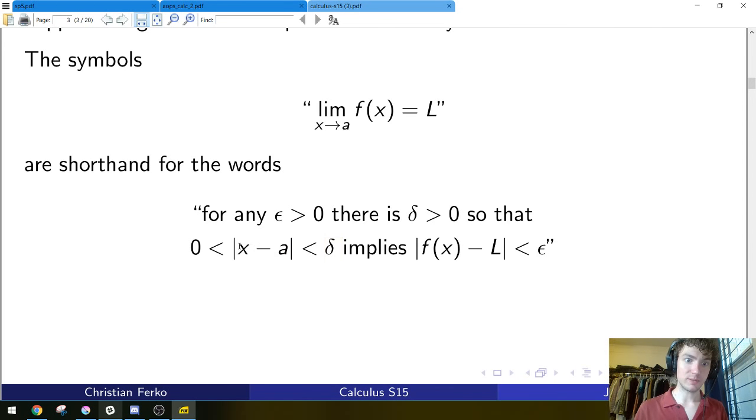So we have the absolute value of x minus 2 completely under control. We can make that as small as we want because we get to pick delta. If we want to make it less than a millionth, just choose delta to be a millionth, and then the absolute value of x minus 2 will be less than a millionth. If you need it less than a billionth, we just pick delta to be a billionth. So we can make absolute value of x minus 2 as small as we want.